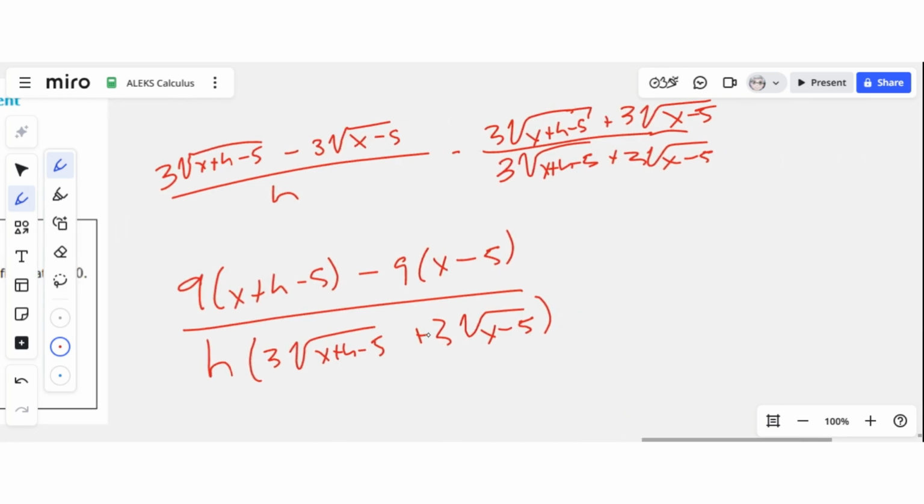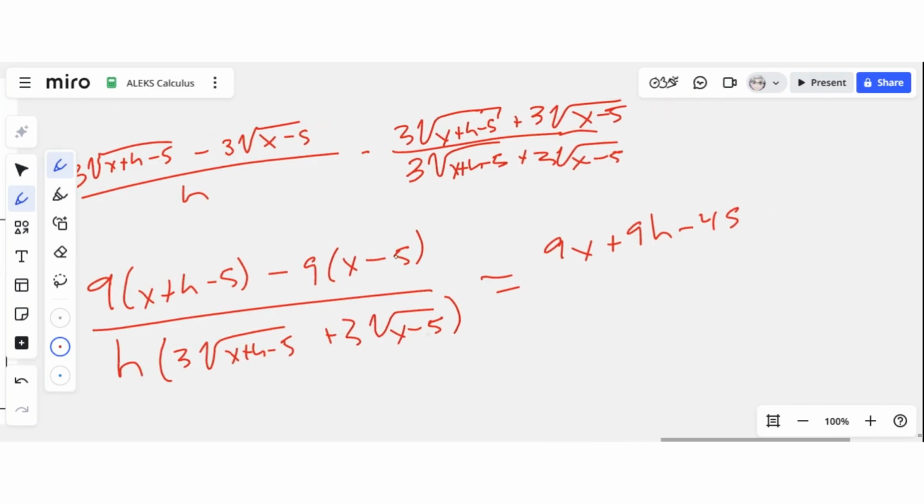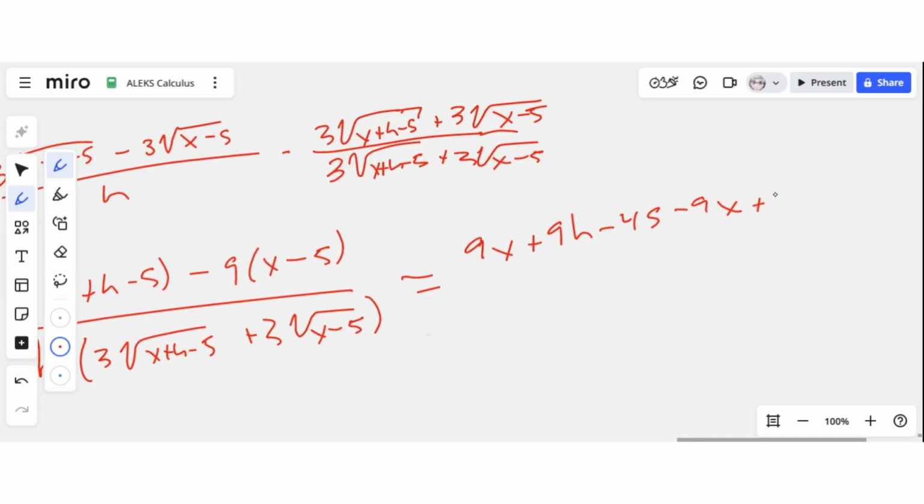Let's look at the top now. I'm going to multiply the 9's through. So we've got 9x plus 9h minus 45, and then minus 9x, and minus 9 times a negative 5, so a plus 45. And let's see, we've got multiple things that can cancel here.